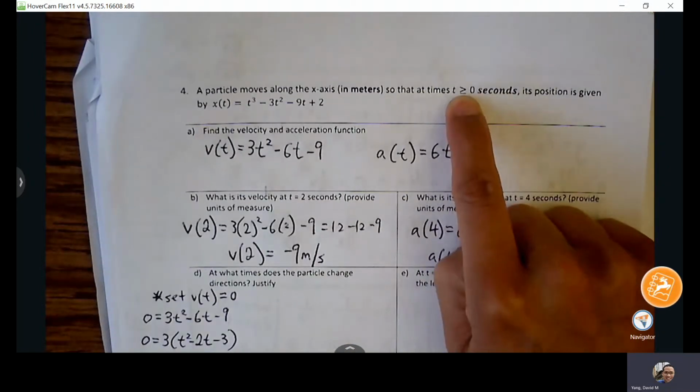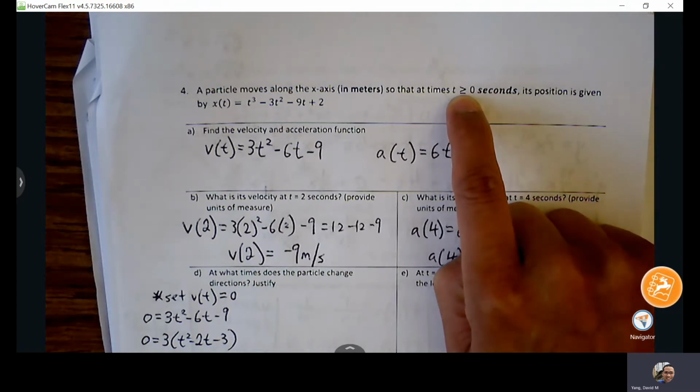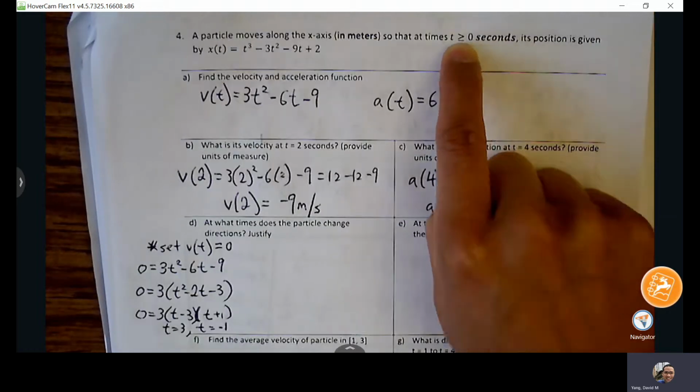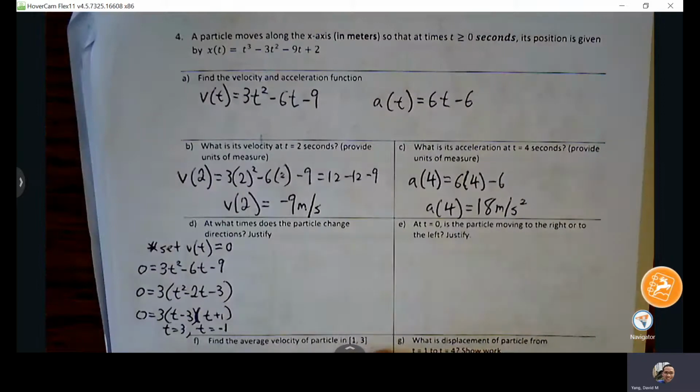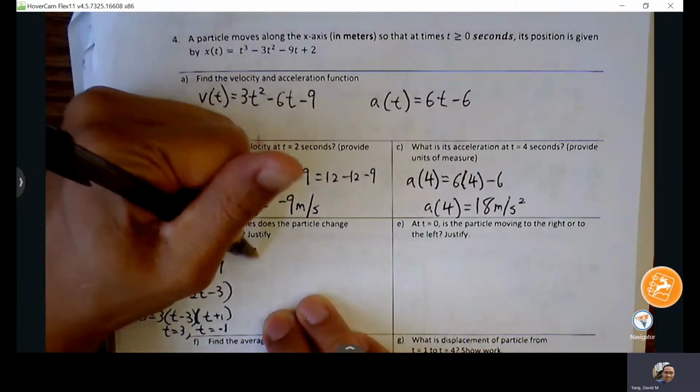Yeah, t is greater than or equal to 0, right? So pay attention to your domain. If the problem says times are for all real numbers, then we would hold on to negative numbers. But here t is greater than or equal to 0, so we do have a stopping point at 3, which means this value will go onto our velocity sign line. So here's our velocity sign line.